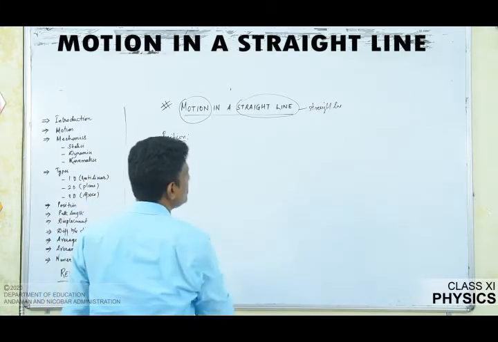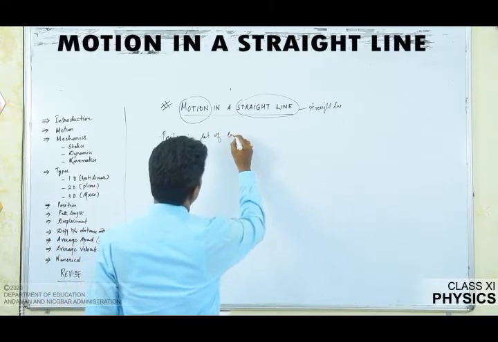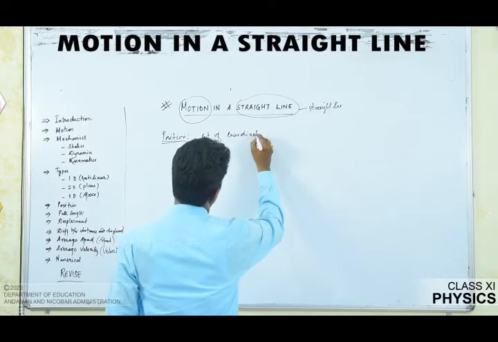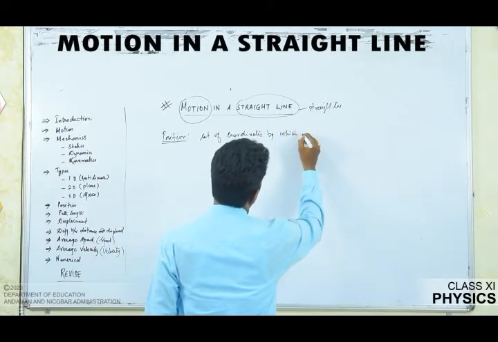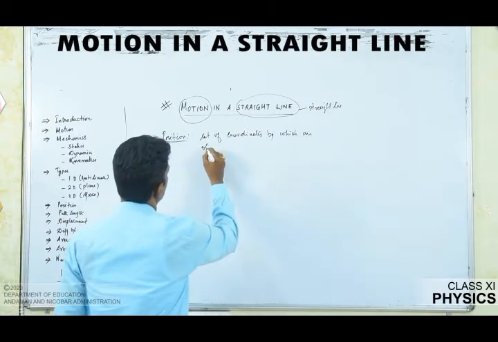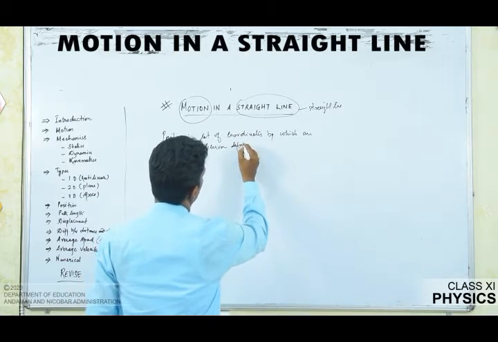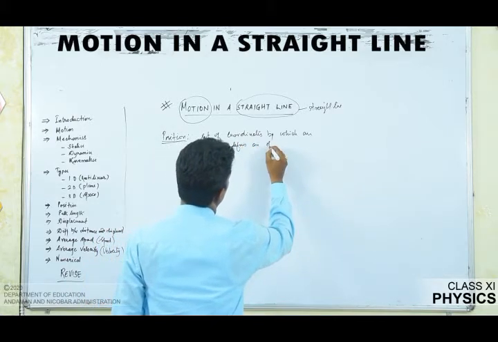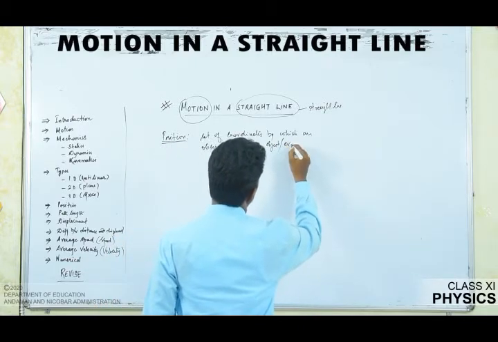Position is a set of coordinates by which an observer defines an object's event.